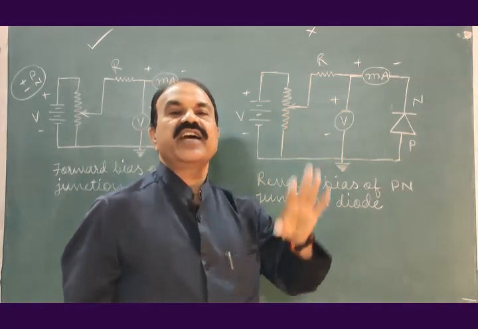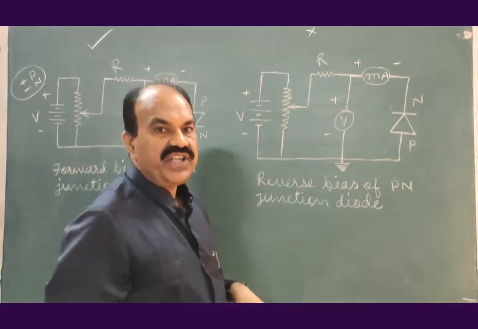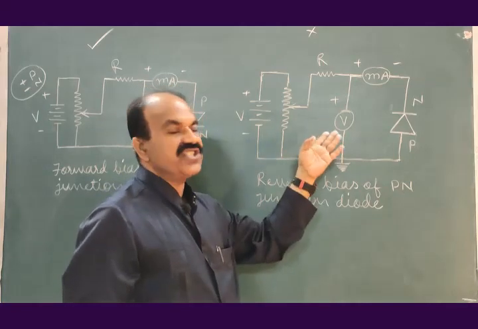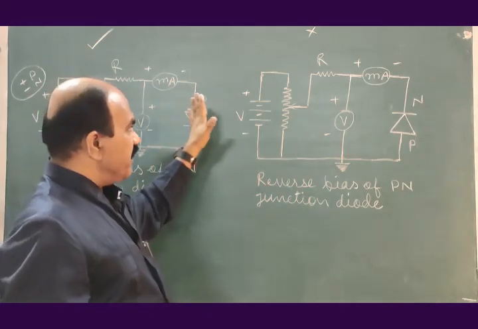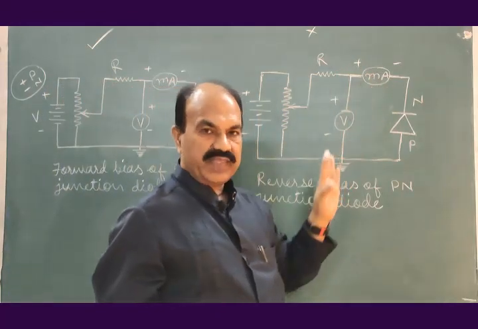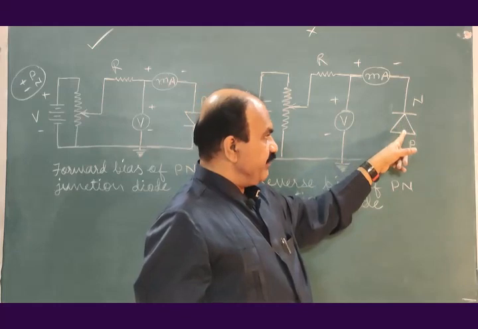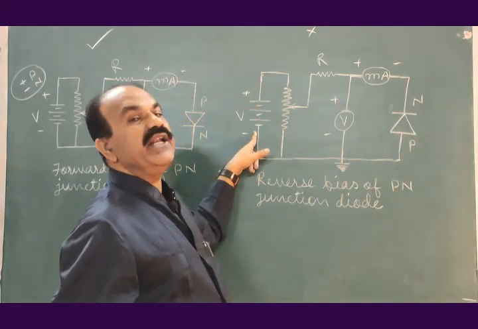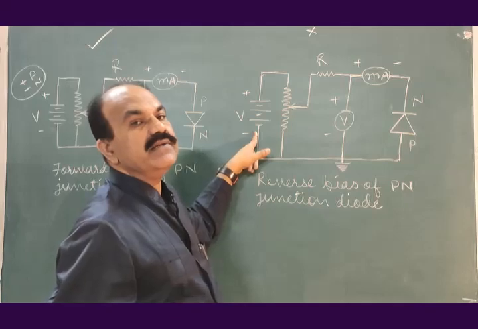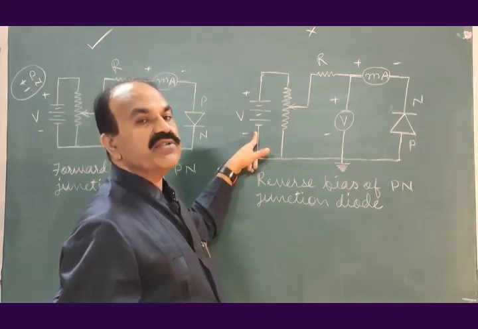This is the circuit diagram for reverse bias. What is changed in this circuit diagram from the previous one? Everything is the same, except the P type of the PN junction diode is connected to the negative of the battery or power supply.